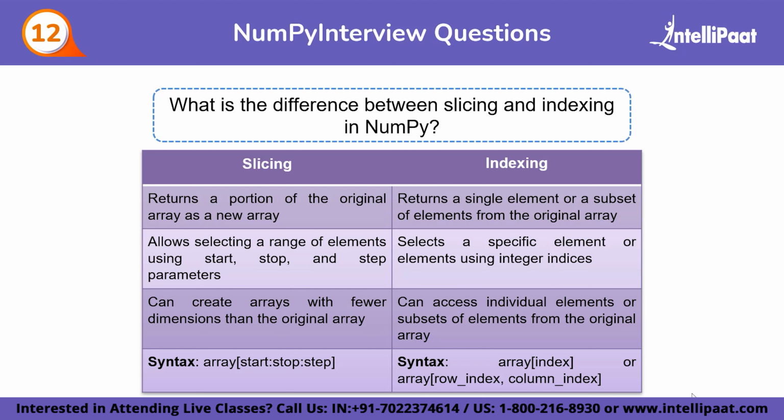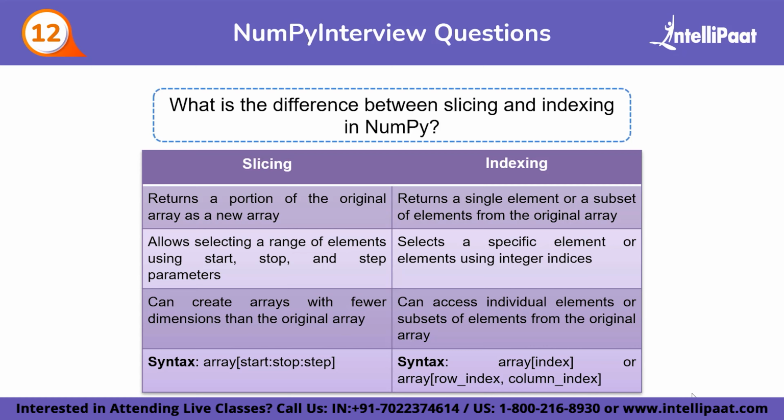On the other hand, indexing can access individual elements or subsets of elements from the original array, right? So we can access both things. As you can see from the screen, slicing has a syntax as array, bracket start, colon stop, colon step. While on the other hand, for indexing, it is array index or array row index, column index. So obviously, if you are putting individual or single elements, you have to mention it like this.